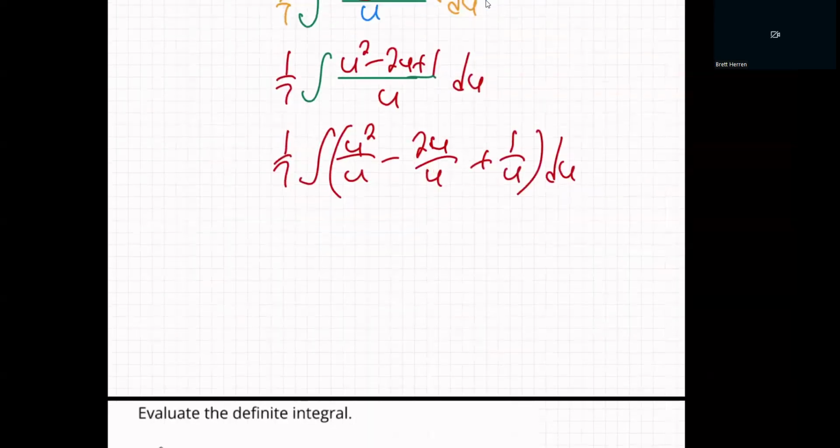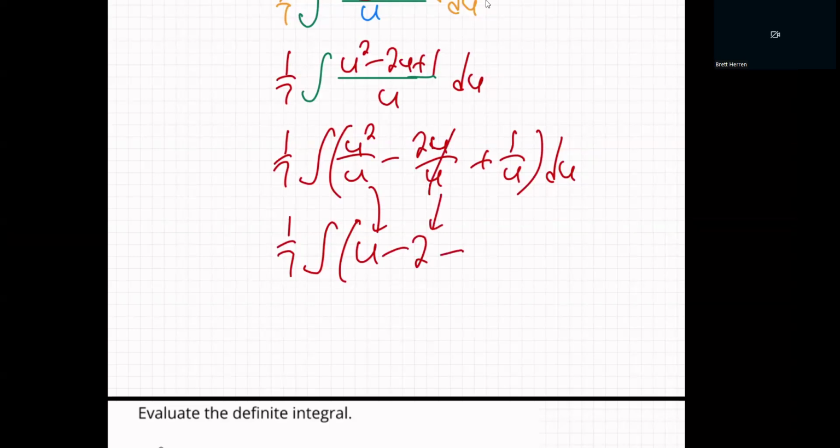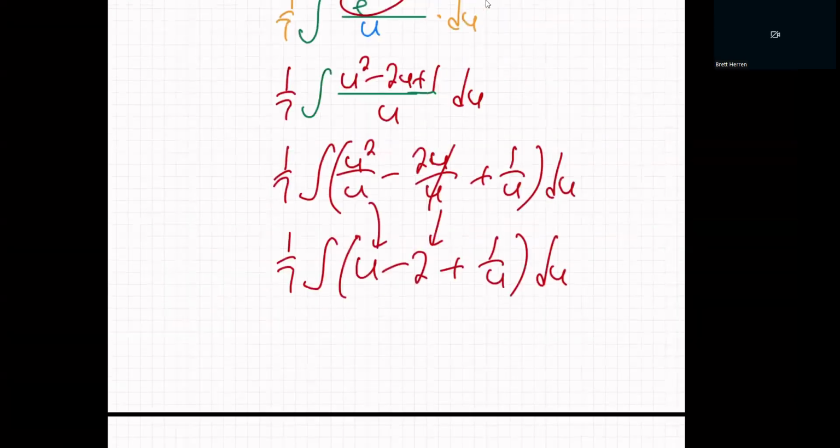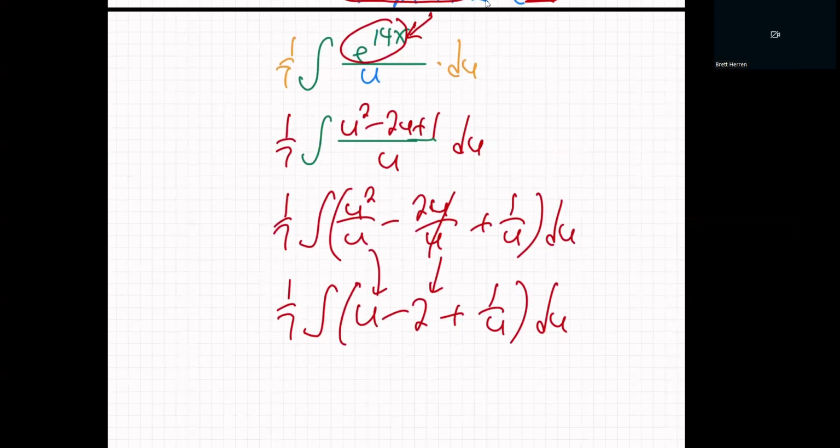And so we're getting close. This will be u, two of these cancel here, plus 1 over u du. See that? U squared, this canceled this, just left u. This canceled 2, this is just 1 over u.